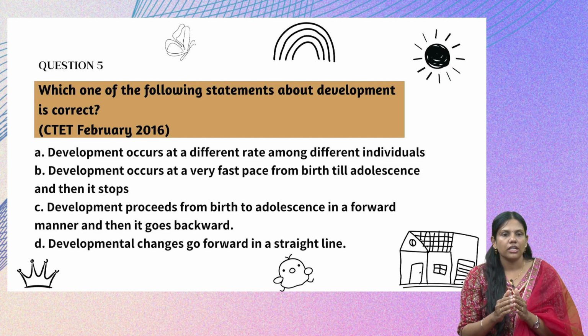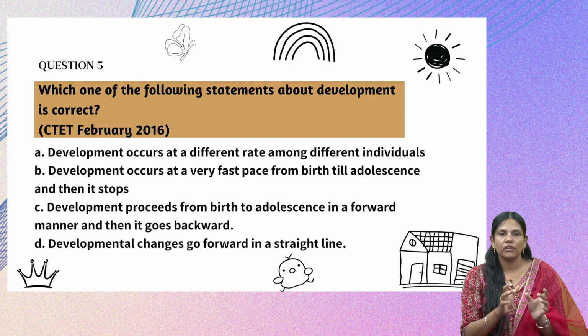And option C, development proceeds from birth to adolescence in a forward manner, then it goes backward. Development is a continuous process and it is irreversible. So there is no going backward. So option C is also incorrect. Now, we will see option B. Development occurs at a very fast pace from birth till adolescence and then it stops. The word stops says that it is an incorrect option because development is not going to stop.